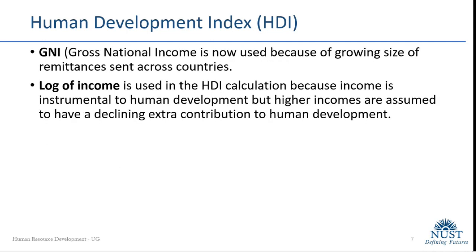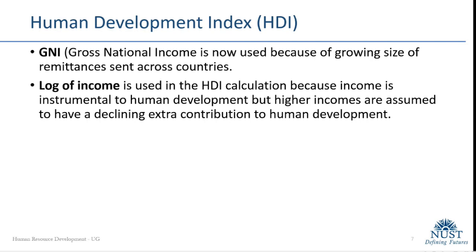Okay, this is what we have covered already. Log of income. As we'll see in the next slide, the Easterlin paradox is coming. There is a non-linear effect. Human development does increase with an increase in income, but after reaching a certain level, it does not increase as much.